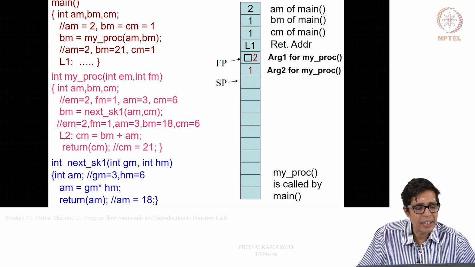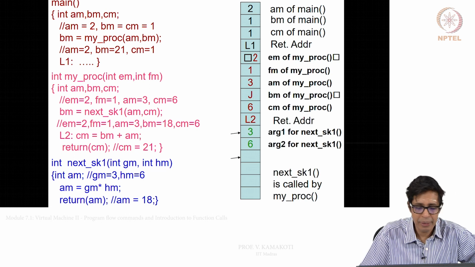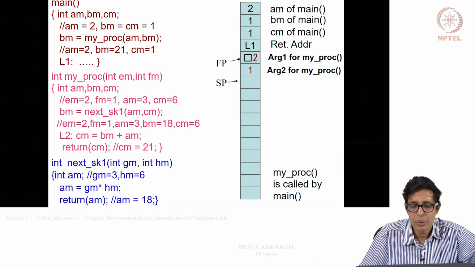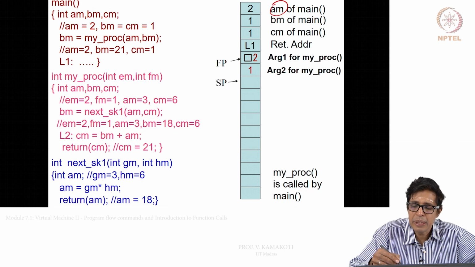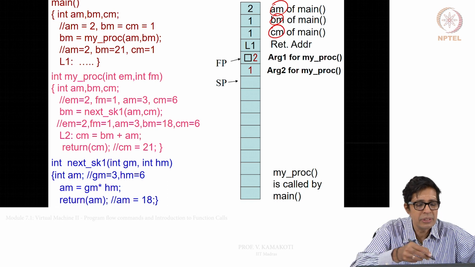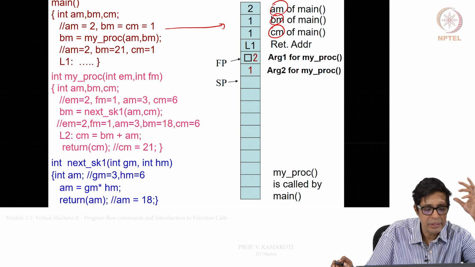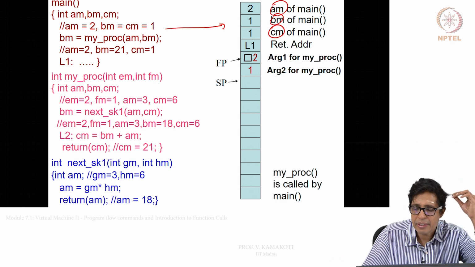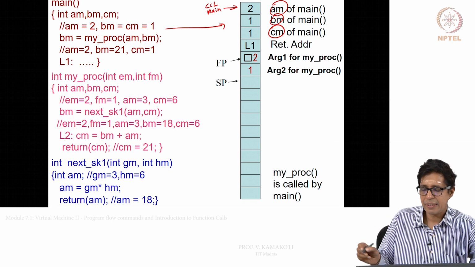So, we are assigning AM equal to 2, BM equal to 1 and CM equal to 1, that as you see here, right. And then these are the local variables of main, right.